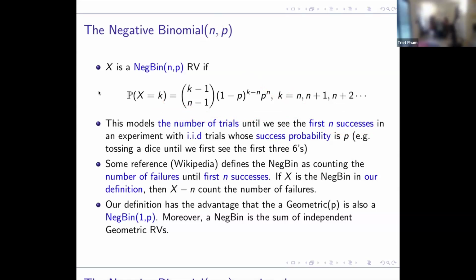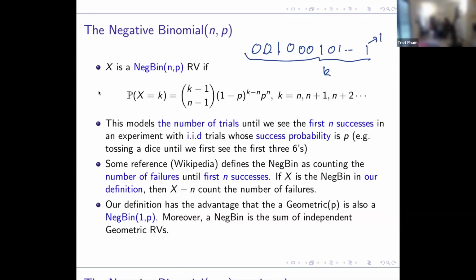Now to explain the mass function, because if you don't understand why it is that way, you won't be able to memorize it. So what's the picture here? Again, you have basically a bunch of zeros, but you have a 1 somewhere thrown in, until the last one is a 1.